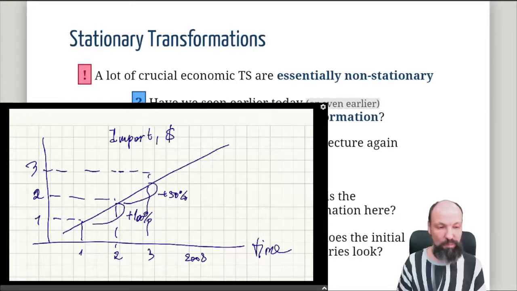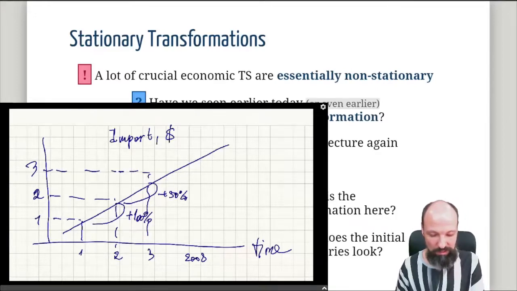So if you apply percentage transformation to something that grows linearly, the resulting percentage change will not be stationary, it will be declining. Because as the basic level grows, the percentage change declines because the same, right? What would be the next thing from 3 to 4?